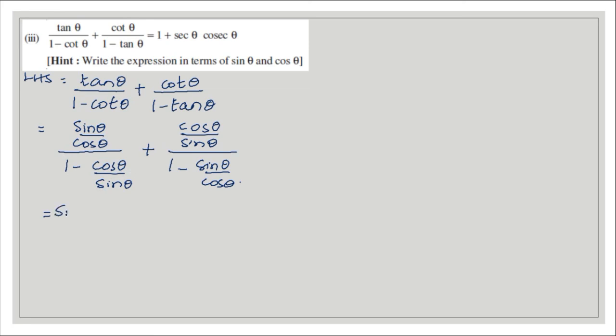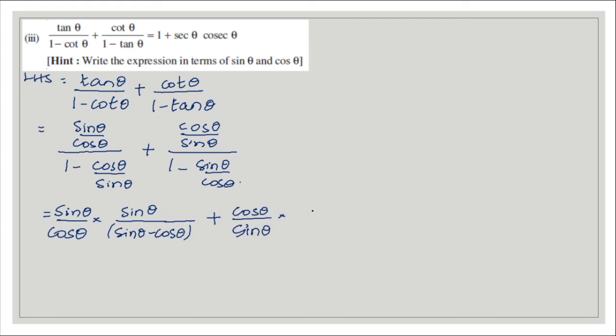I'll write this as sin theta by cos theta multiplied to sin theta by sin theta minus cos theta, plus the same thing done here, cos theta by sin theta multiplied to cos theta divided by cos theta minus sin theta.